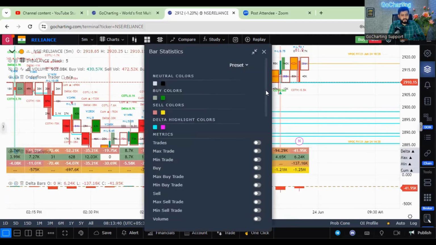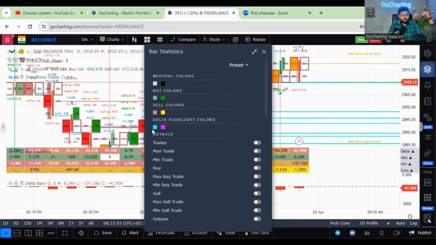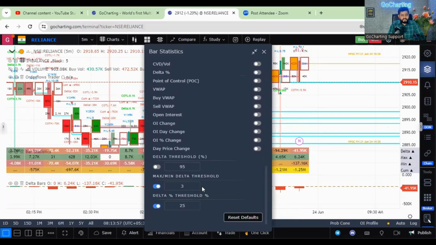If you come to bar statistics and come down, here we have a delta threshold percentage. These are the colors for delta highlight colors. Now suppose for a particular candle, the delta is almost equal to 95% or greater than the max delta, it will be highlighted by the delta threshold.